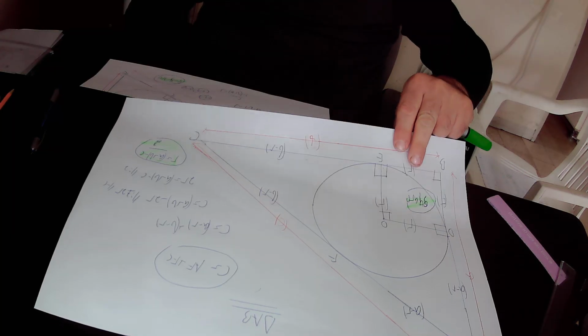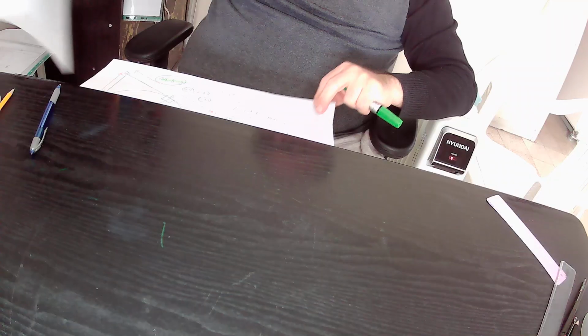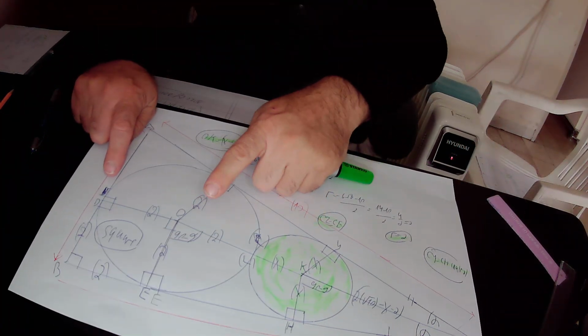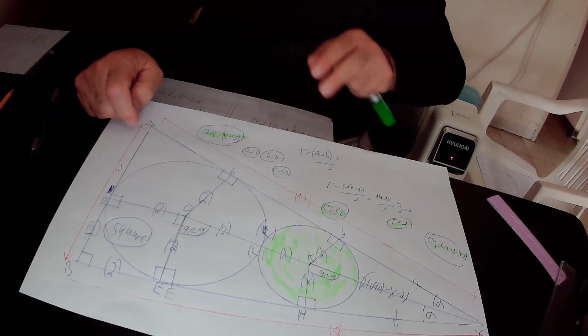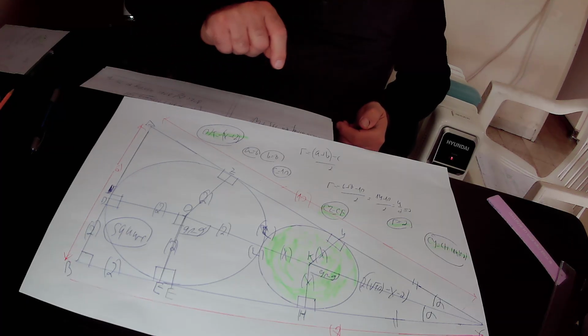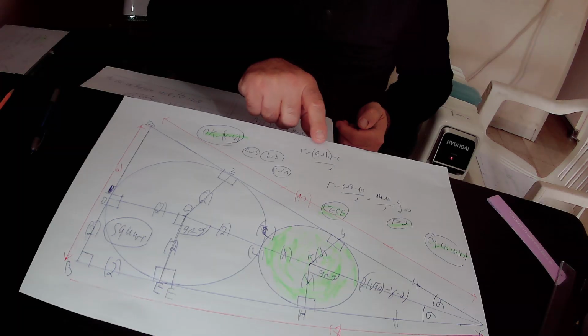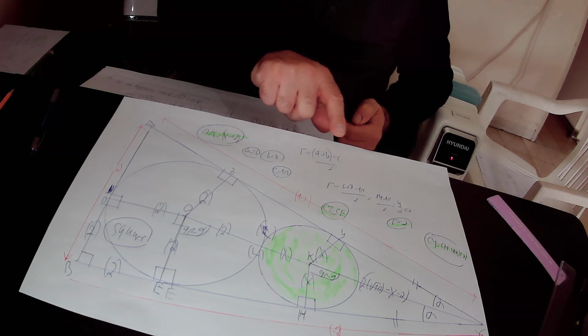So we can actually implement the new formula in our right triangle ABC in order to find the radius of this big circle. According to the new formula, the radius R equals A plus B minus C over 2.